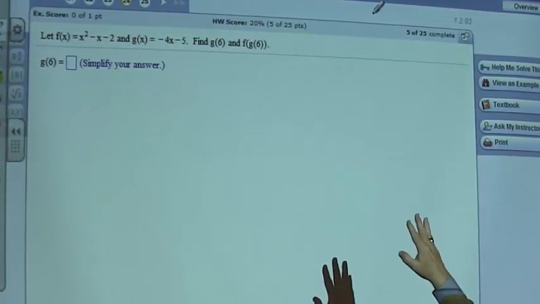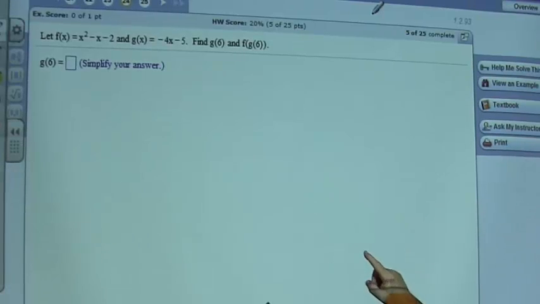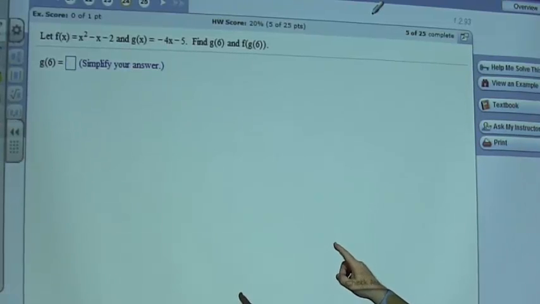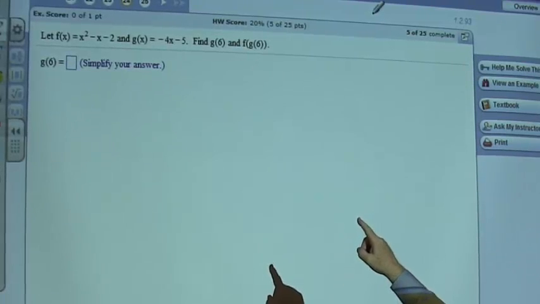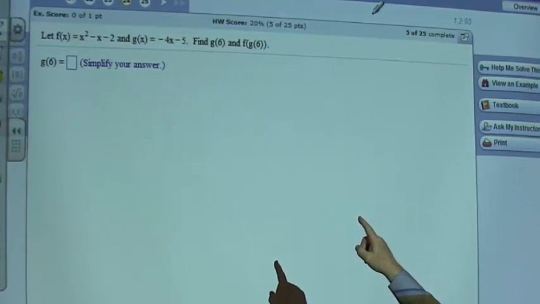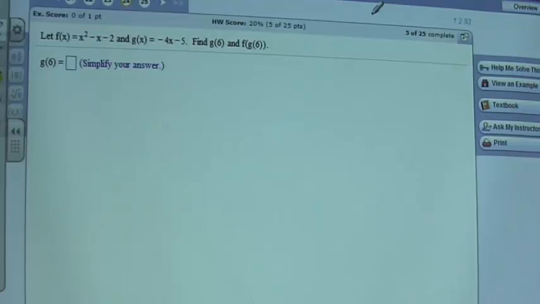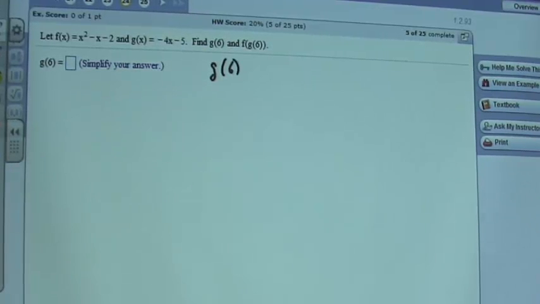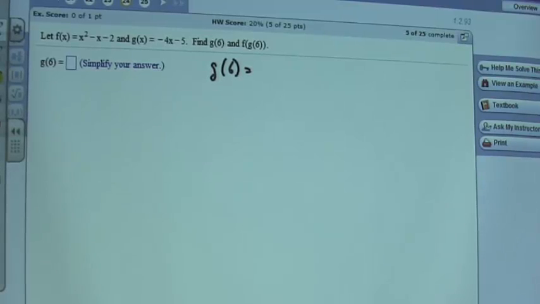Well, let's see. The f at g at 6, let's hold that for a minute. Let's look at g at 6. Notice that the 6 in parentheses is where the original x was in g of x. What that tells us is, everywhere I see an x, I now want to put a 6. Well, that's pretty straightforward, so let's do that. G at 6 is going to equal minus 4 times 6 minus 5.